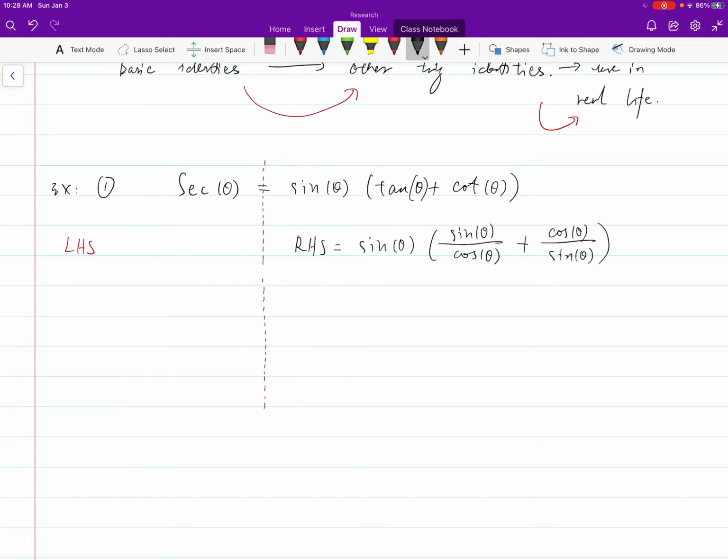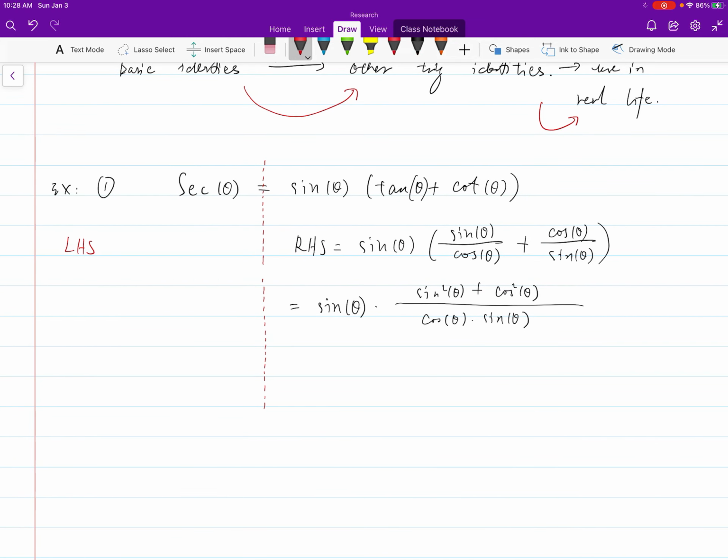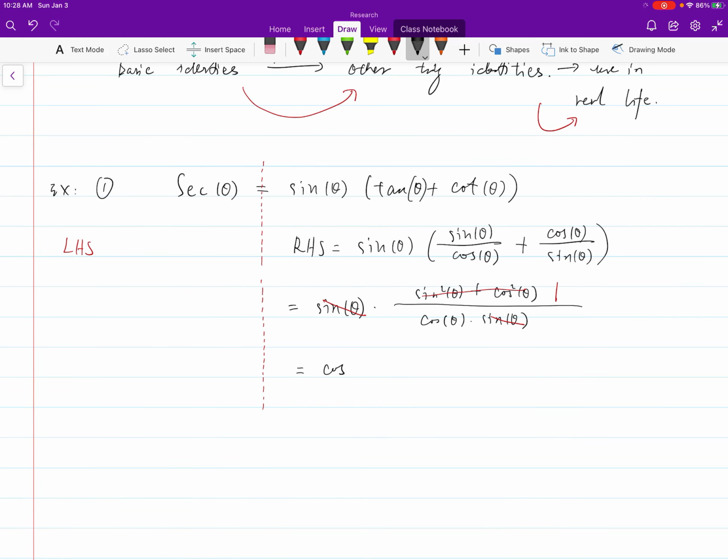Times, which equals times. Now simplification. This is 1, great, and you can see sine and sine cancel each other.